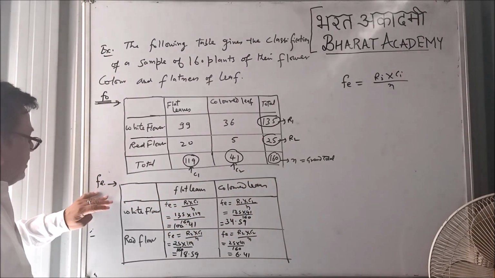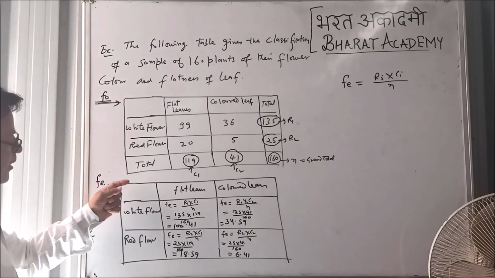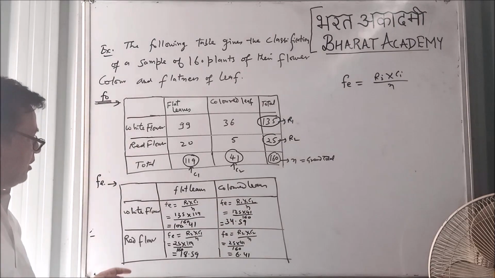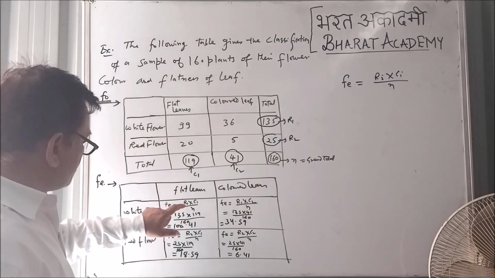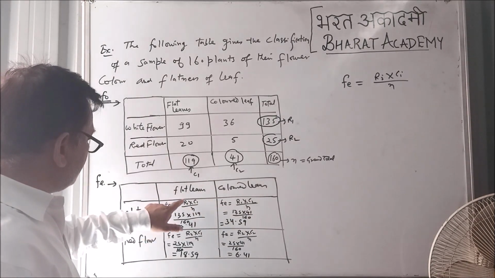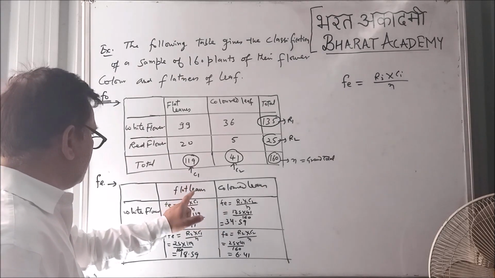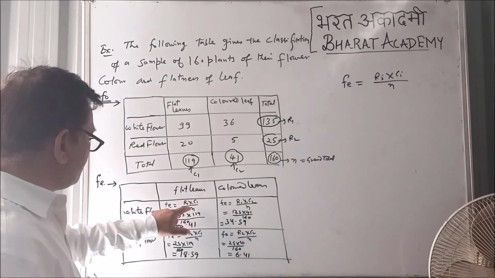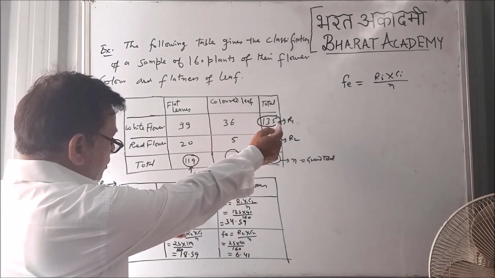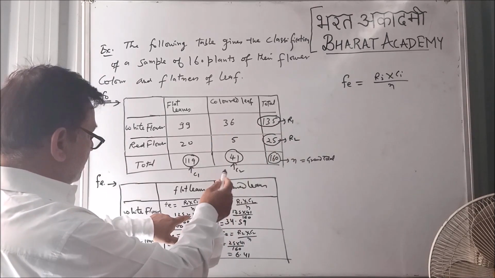For the expected frequency, we have to form another table. In this case, the first cell Fe lies in the first row and first column. The formula will be R1 into C1 upon n. What was R1? First row total 135.